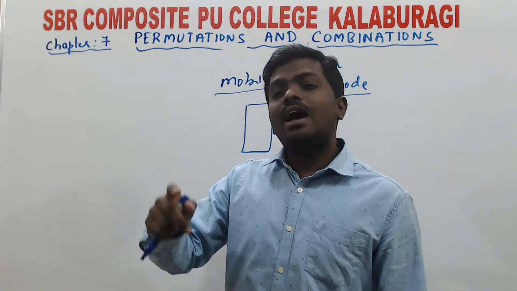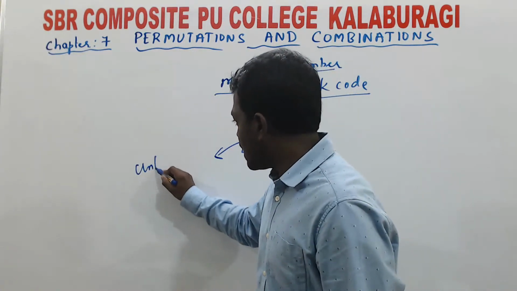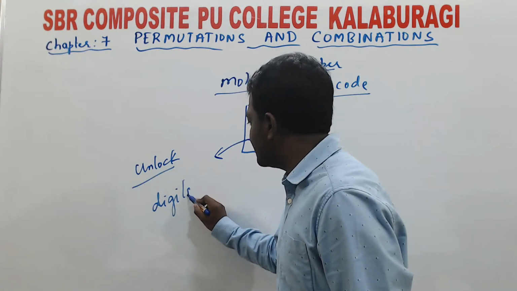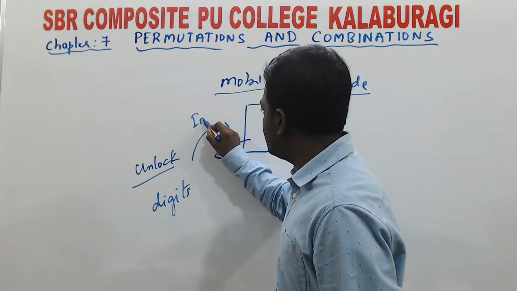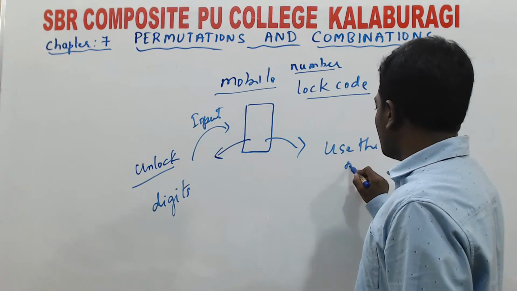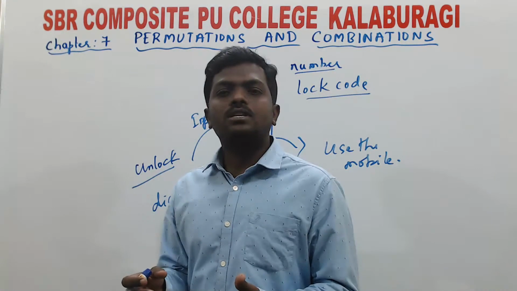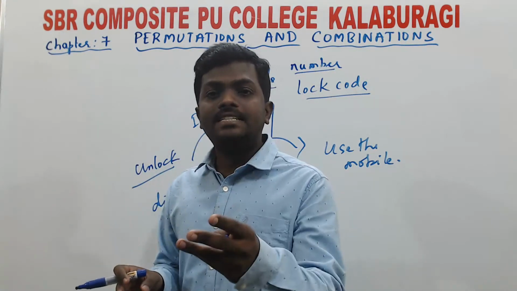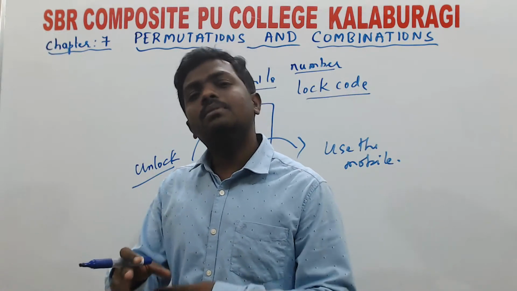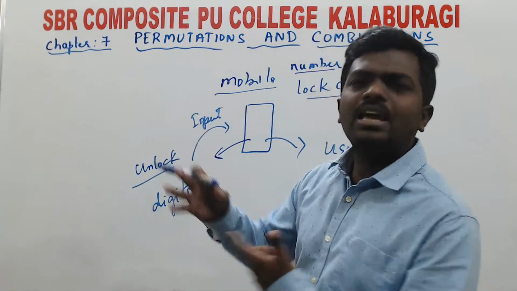So if the mobile has to unlock, you have to input some digits so that you can use the mobile. So let us suppose that it's a 3-digit pin. Similarly, you have a pin in an ATM card also, and a password for your Gmail accounts also. Is that clear? So let's begin with the mobile.